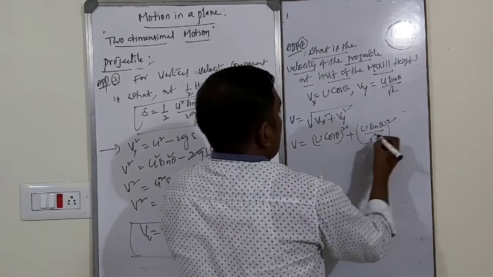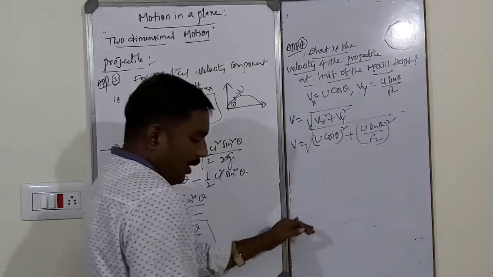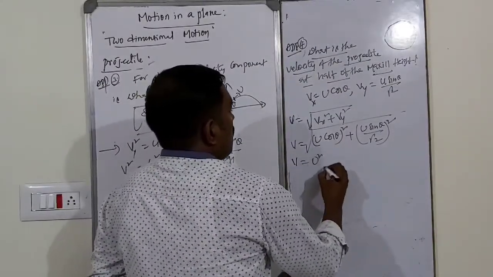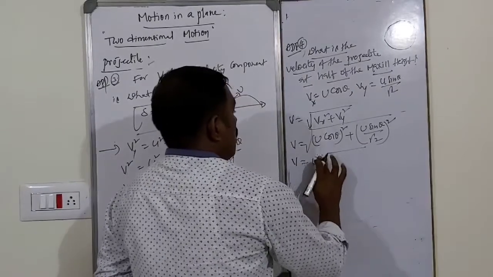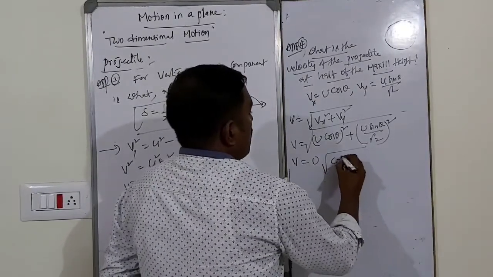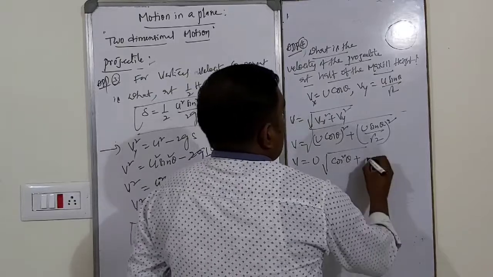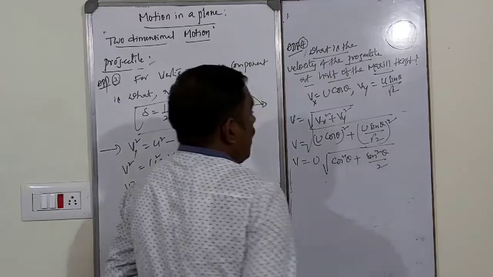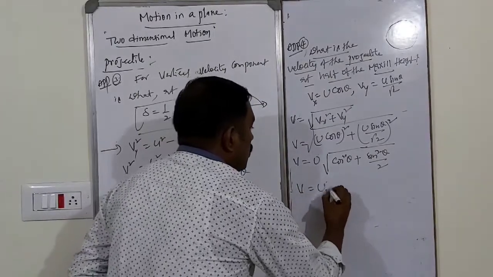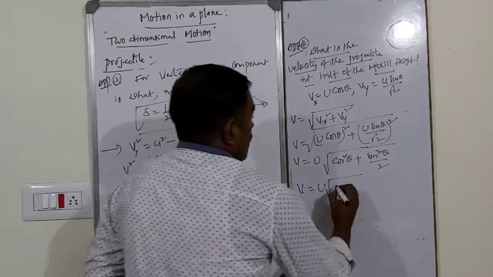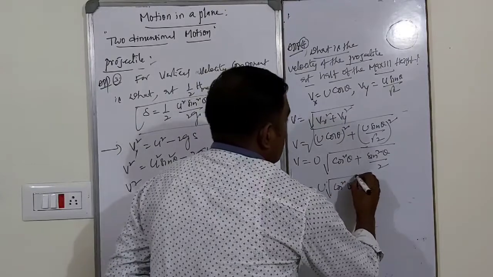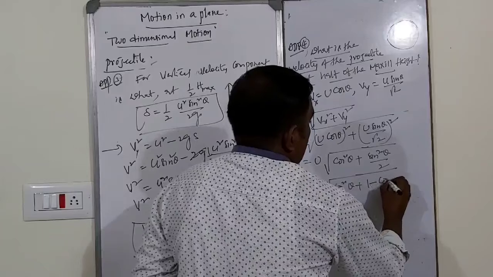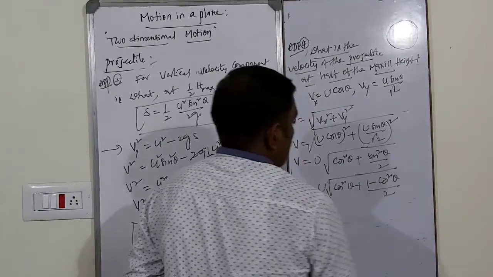Now u is common: V is equal to u times the square root of cos square theta plus sin square theta by 2. Sin square theta means 1 minus cos square theta, so 1 minus cos square theta by 2.